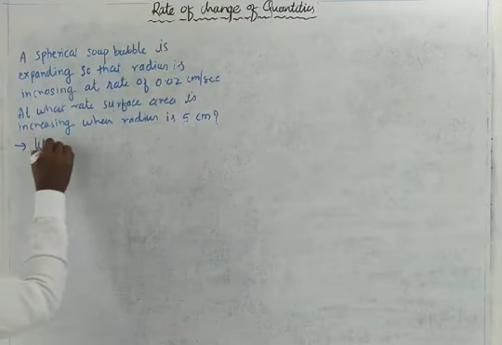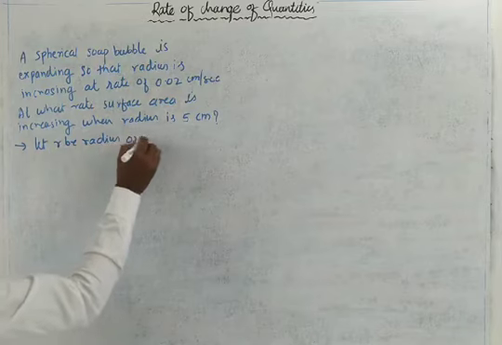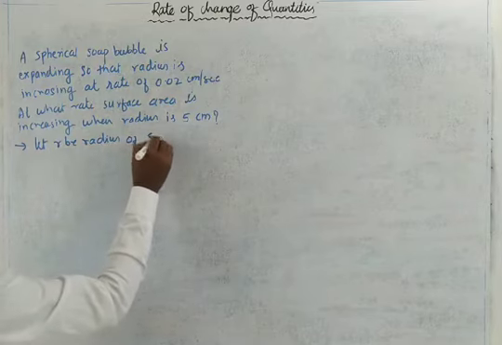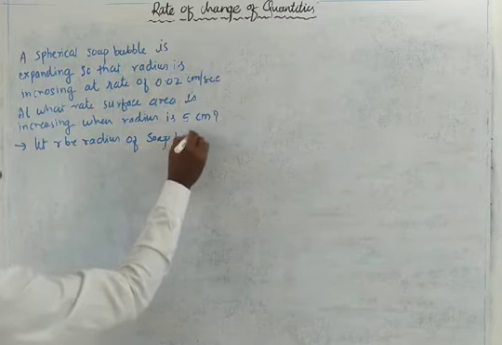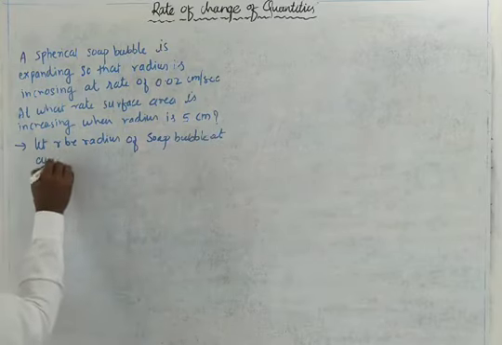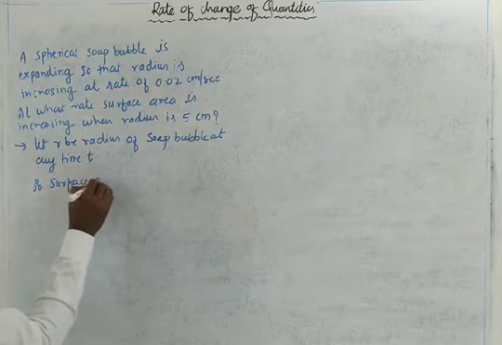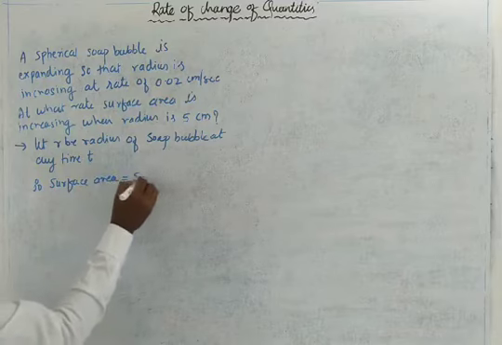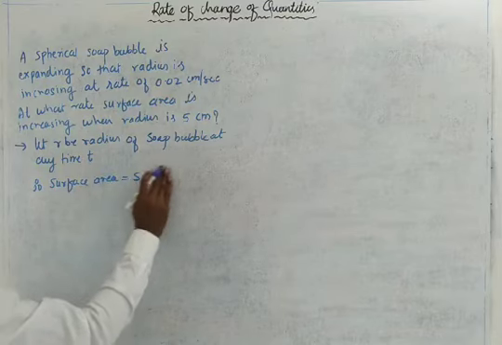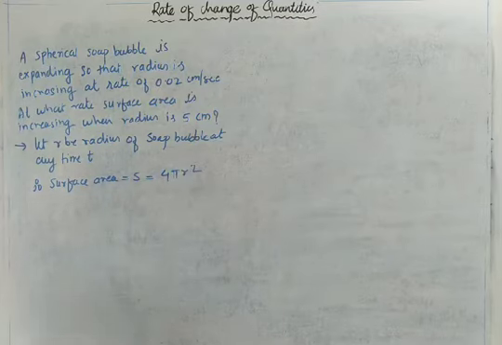So for this, let r be the radius of the soap bubble at any time t. Therefore surface area S is equal to 4 pi r square, the simple formula for surface area.